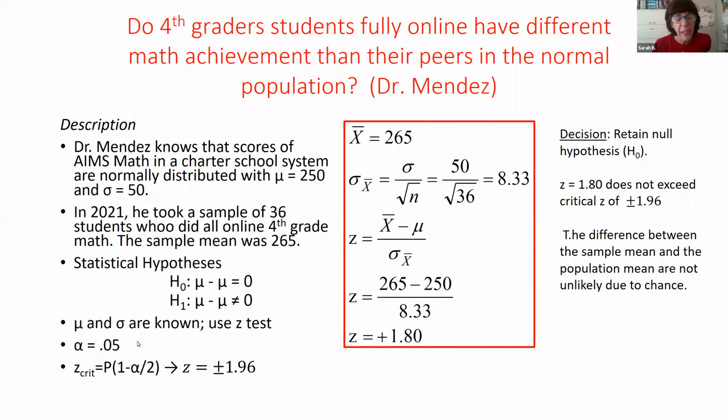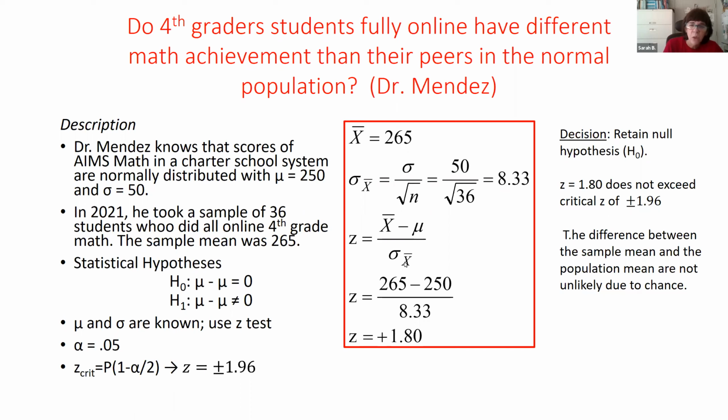He set a priori an alpha of 0.05, and he finds the critical z, which we did just previously, of plus or minus 1.96. So his z for this sample has to be beyond those values in order to reject the null hypothesis in the significance test. So here's his mean. Here's his standard error of the mean, derived as population sigma, or standard deviation, divided by the square root of his sample size of 36. This is the value that we got for the standard error of the mean.